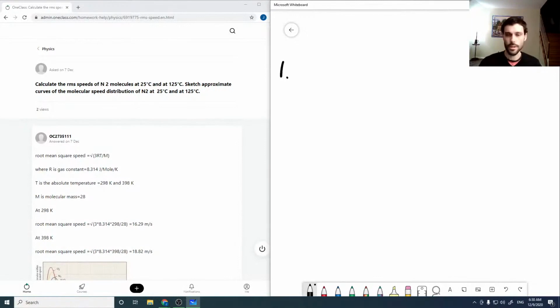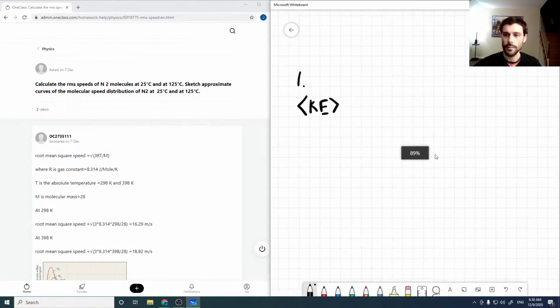So this uses the Boltzmann average kinetic energy expression.